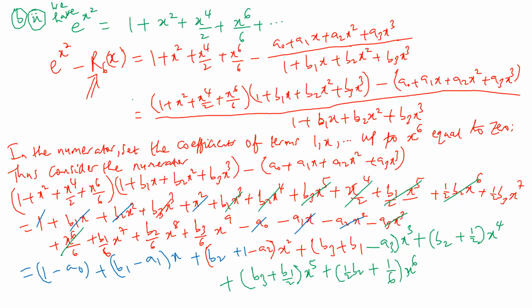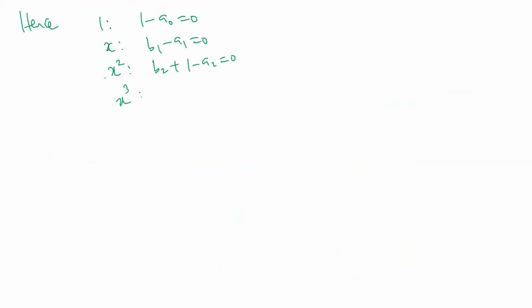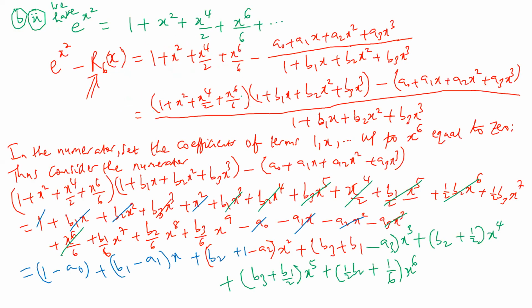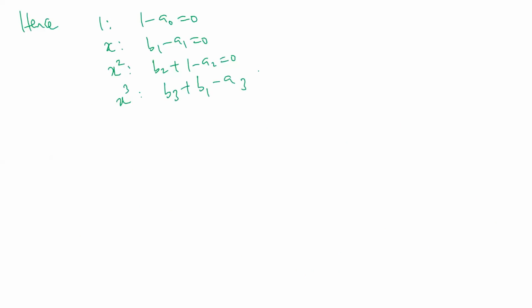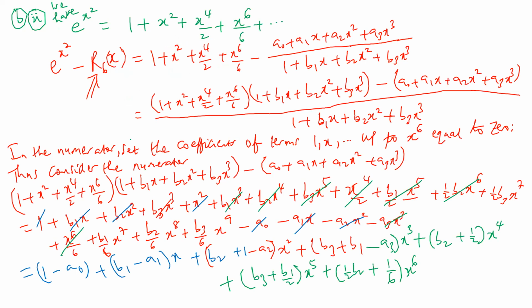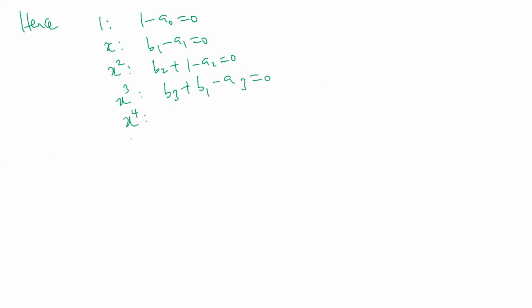Let's look at x cubed. x cubed is b3 plus b1 minus a3. b3 plus b1 minus a3 equals 0. X to the 4th power: the coefficient of x to the 4th power is b2 plus 1/2, and we equate them to 0.